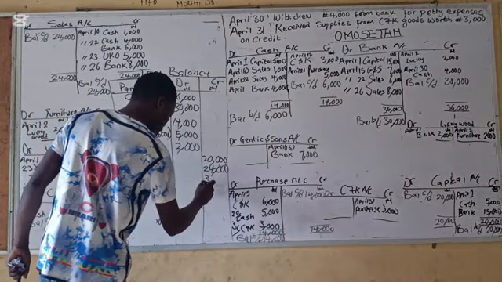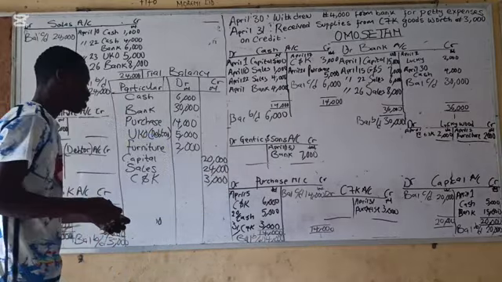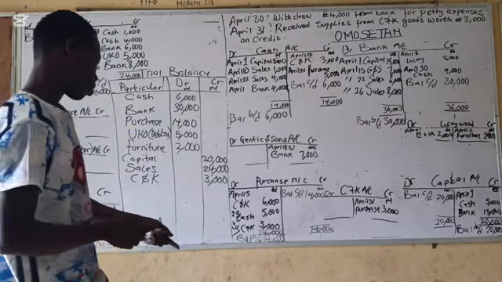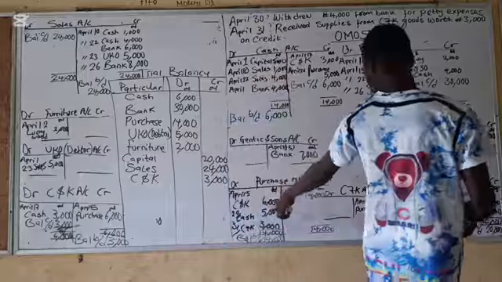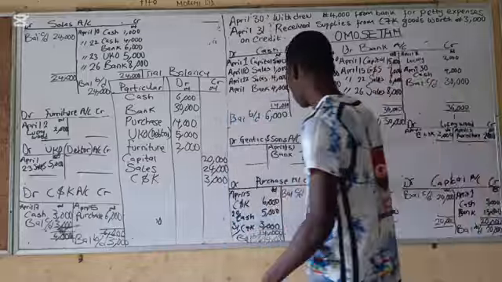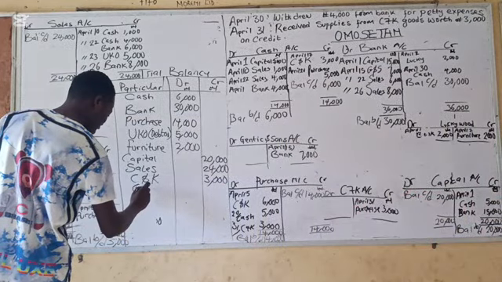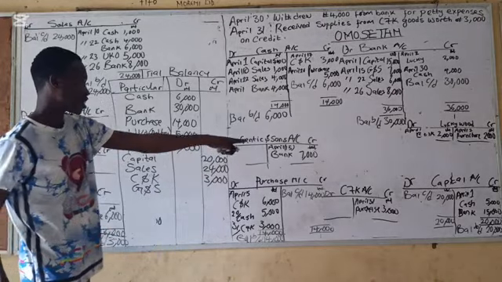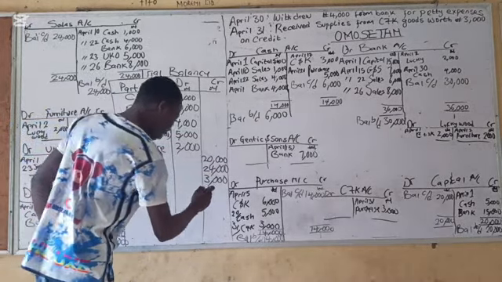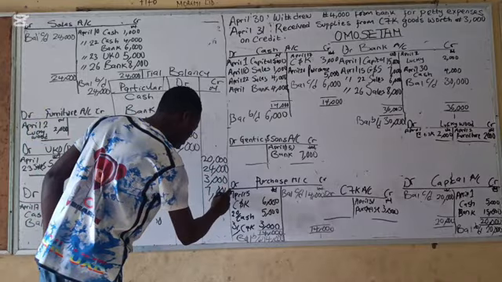So we have 3,000. Then we have recorded this. We have not recorded this, which has a credit balance of 7,000. So we just write it as G and X, which has a credit balance of 7,000.